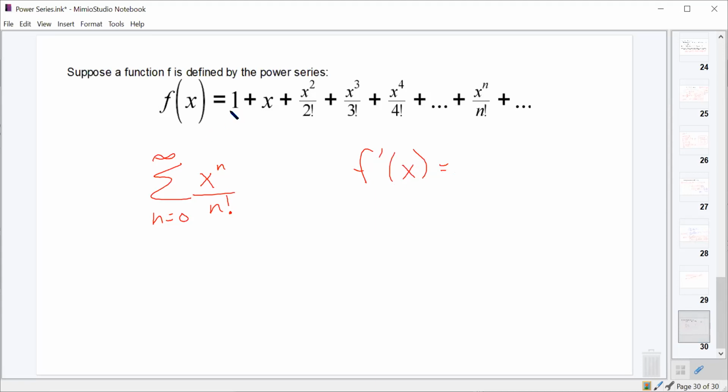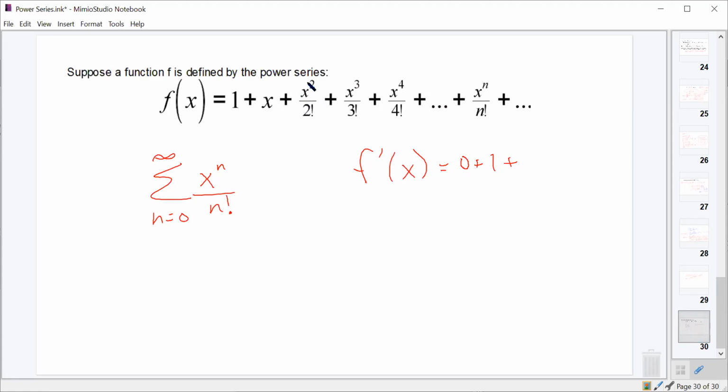What's the derivative of 1? Zero. All right, what's the derivative of x? 1. What's the derivative of x squared over 2 factorial? I mean, x squared over 2 factorial is just x squared over 2, right?